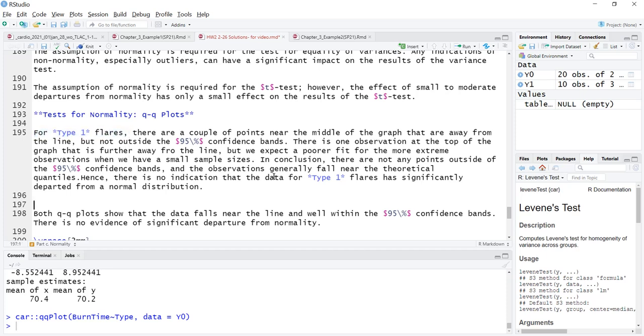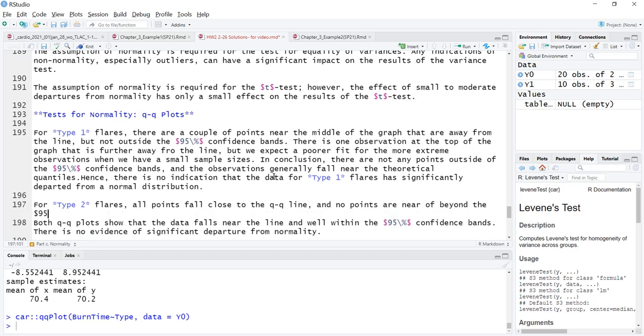For type 2 flares, all points fall close to the QQ line, and no points are near or beyond the 95% confidence bands.